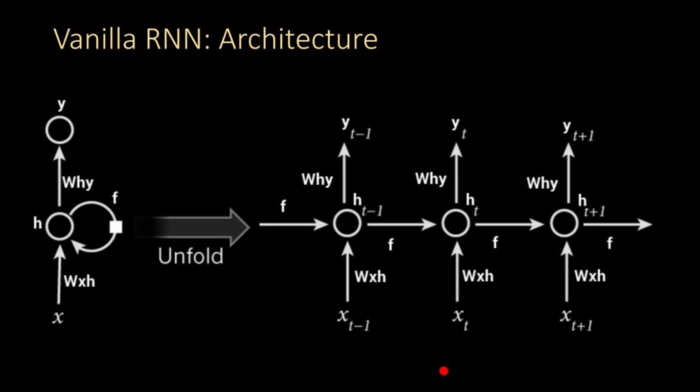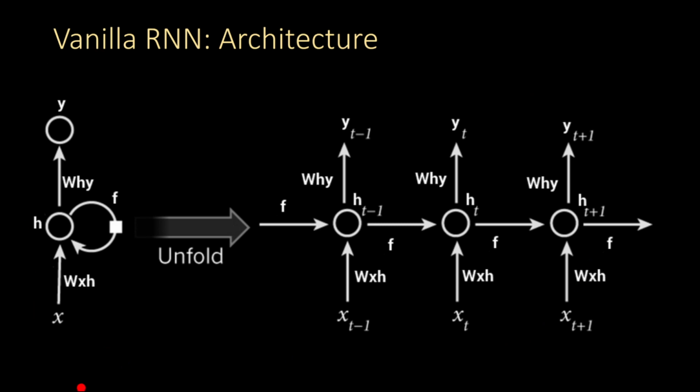The vanilla RNN architecture is a remedy to that. So basically, in an RNN architecture, the weights are shared across time steps. You don't need a new set of weights for each additional word that's added to the sequence.